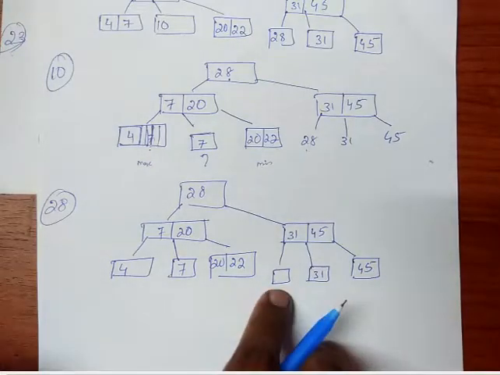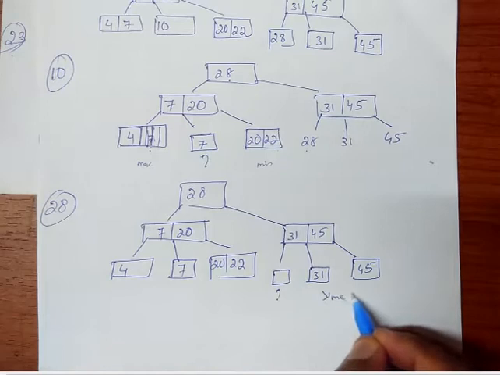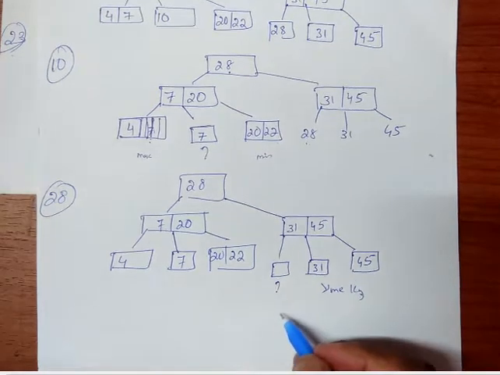Now you can see that the corresponding position is empty, and we need to check whether we can borrow from its sibling. But here you can see that the sibling contains only the minimum key.